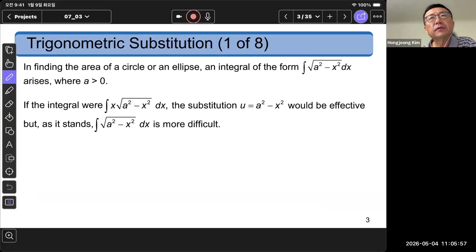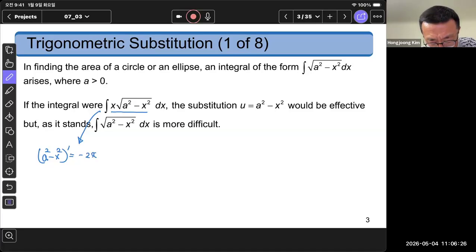If I have this integrand, x times square root of a squared minus x squared, then the problem is easy because a squared minus x squared, when differentiated, gives you negative 2x.